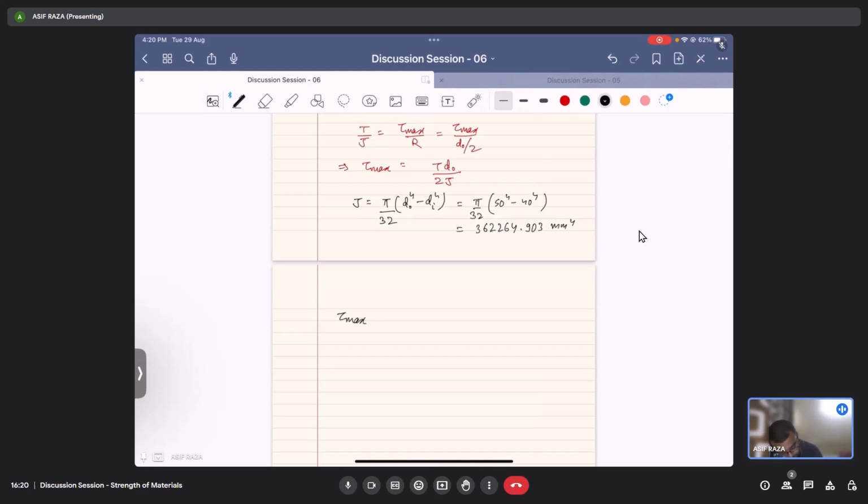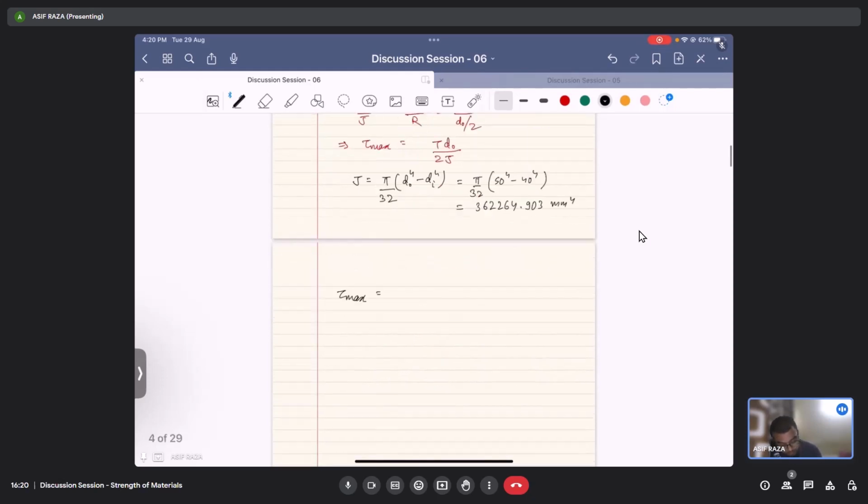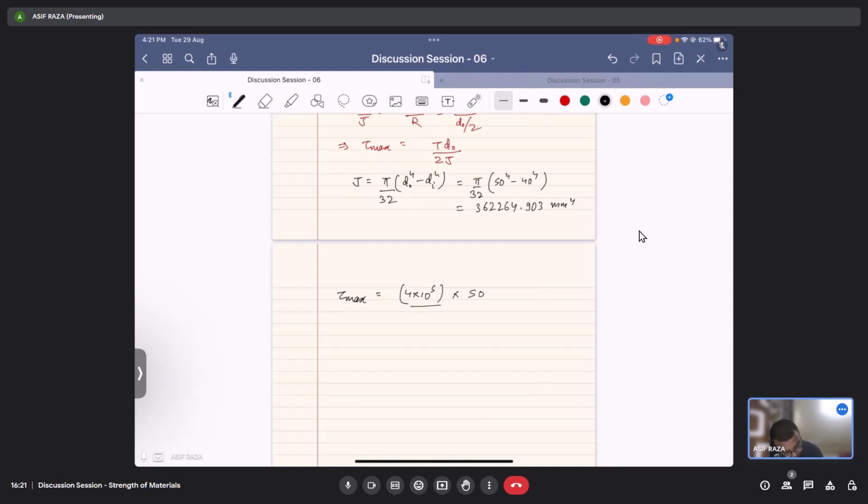Okay, now I'll substitute this in the above expression to get tau max. So tau max would be 4 into 10 to the power 5, d naught is 50, divided by 2 into 362264.903, and this would be equal to 27.6 Newton per mm square, that is 27.6 megapascal.